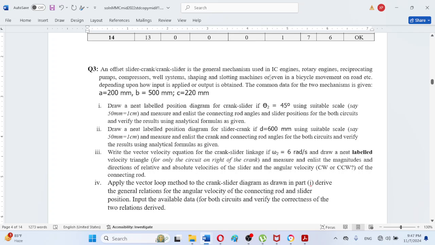Here we can observe, just for the explanation or for the matter of interest, that in a bicycle movement we actually input to the pedals, just like the crank dash slider mechanism, and the bicycle movement on the road is actually equivalent to the slider movement.